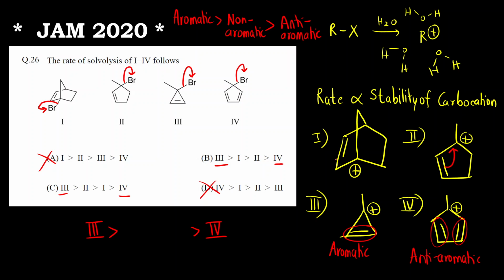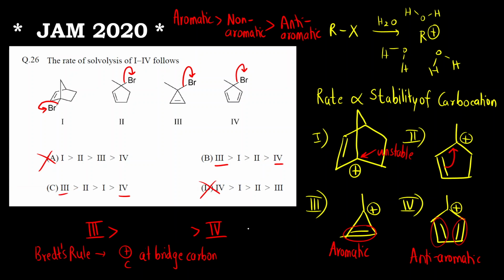Whereas the first one, always remember, at the bridged carbon, the carbocation is very unstable. Why? Because according to Bredt's rule, a carbocation formed at the bridge carbon is very unstable. What is the reason for the carbocation being unstable?